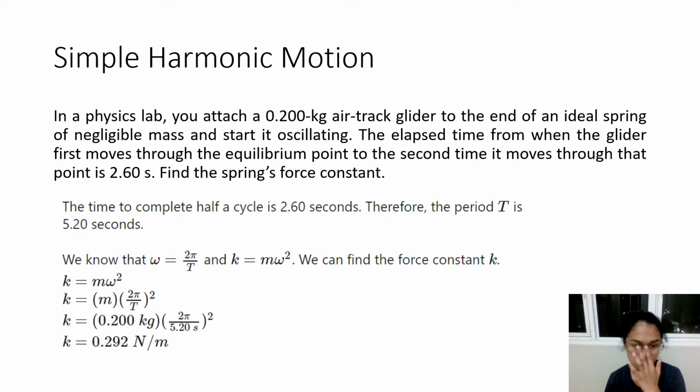So we plug in 2 pi over T for omega in the equation k equals mass times omega squared. So now we will be multiplying 0.2 kilograms by (2 pi over 5.2 seconds) squared, and we will be getting 0.292 newtons per meter.